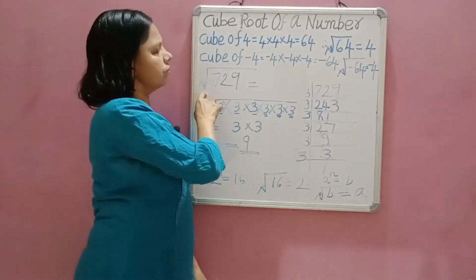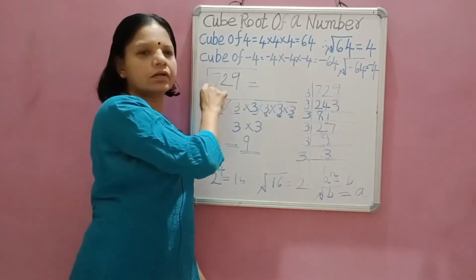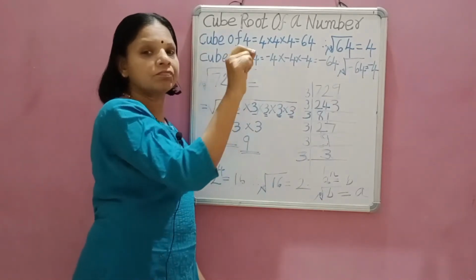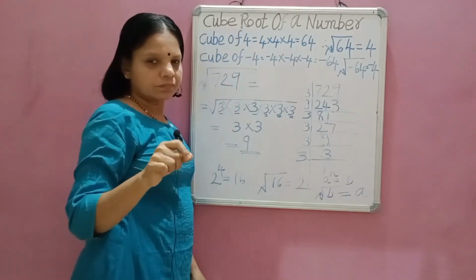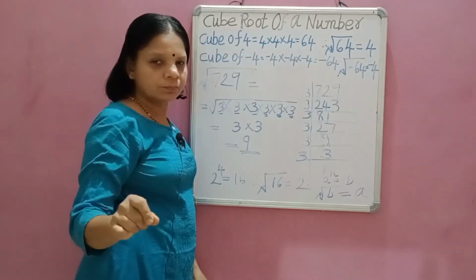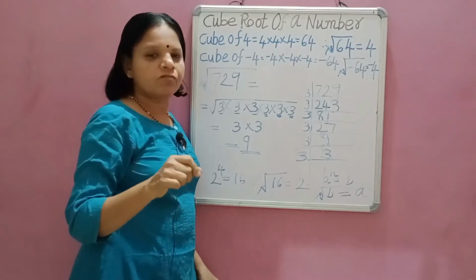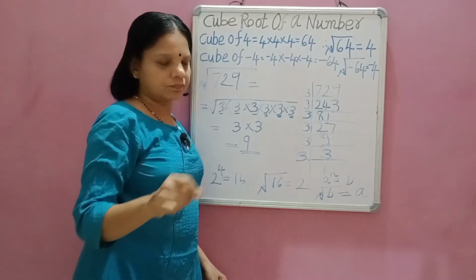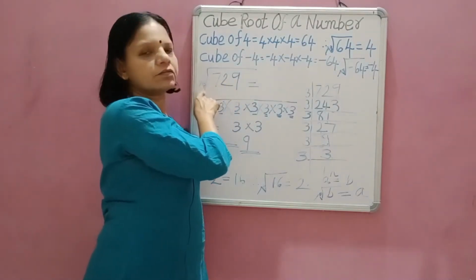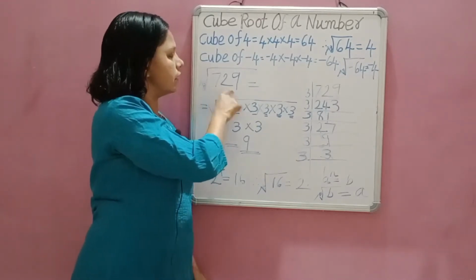Now we will similarly find the cube root of perfect cubes. Only perfect cubes. By which method? Factorization method. So we will find what is cube root of 729.